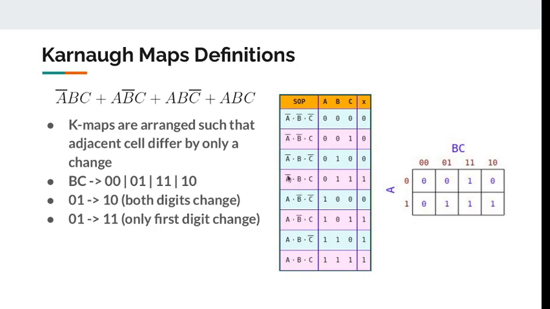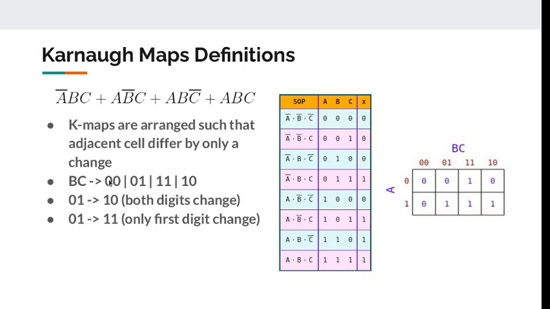For example, we have complement of A, B, and C, for which this function is true. So we can see that the complement of A, B, and C is this square here. And the idea of the Karnaugh maps is that we need to put the closest min terms together.